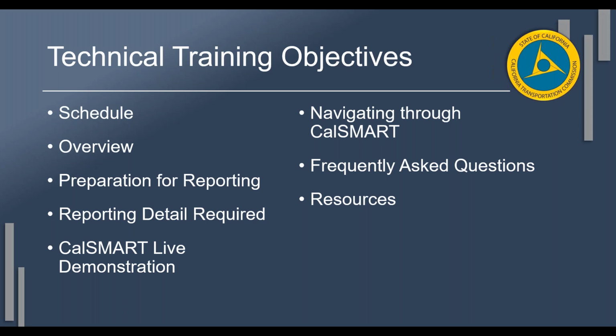As it says on the screen, we're going to do a schedule overview, program overview, preparation for reporting, the reporting detail that's required, and then we're going to go into the CalSmart live demonstration and navigation through CalSmart. And then we'll lightly touch on our frequently asked questions and the resources. But the bulk of today's training will be concentrated on the navigation through CalSmart and the type of information that we're looking for you to report and where you can find that and how to prepare.